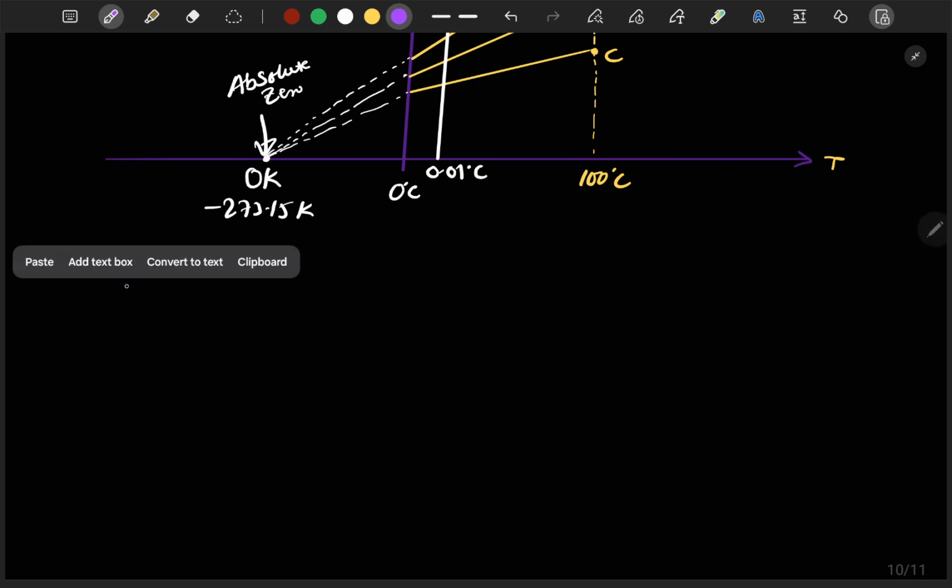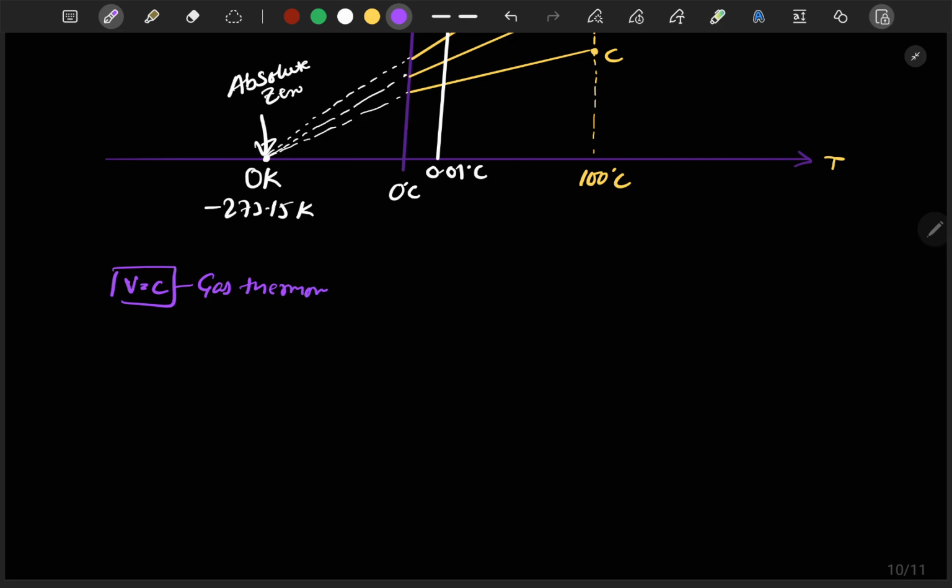So we consider a constant volume gas thermometer. We know that in case of ideal gas, PV is equal to MRT.